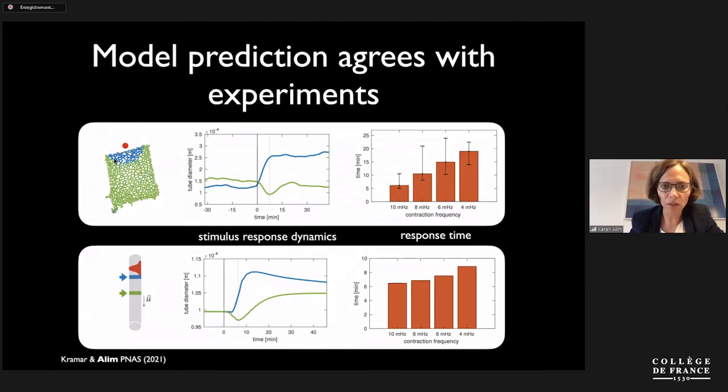This is showing the average of all blue and all green data respectively, that close to the stimulus tubes just dilate, and further away they shrink and then dilate. And again, also the response time scales as predicted from the theory with internal parameters of the model.